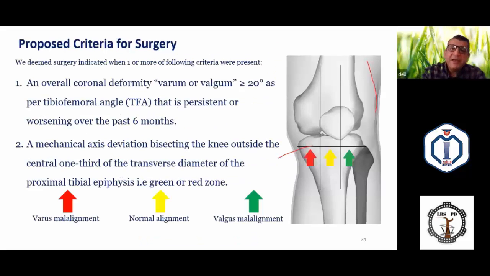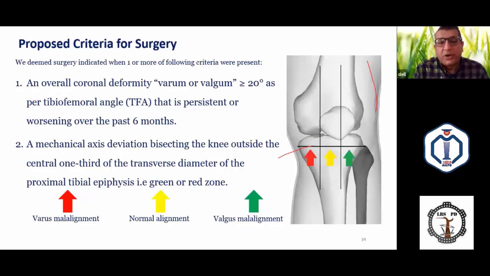Okay, we have proposed some criteria for surgery. They are a mixture of radiological and clinical data. First of all, these criteria assume that the patient has healed rickets. Of course, that's something you have to make sure of.